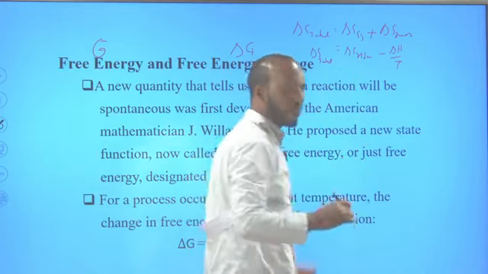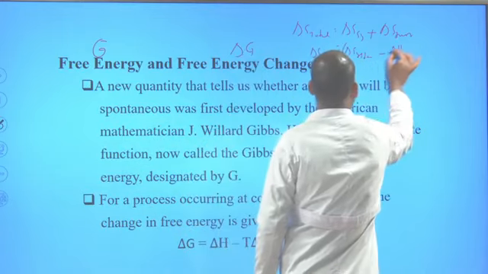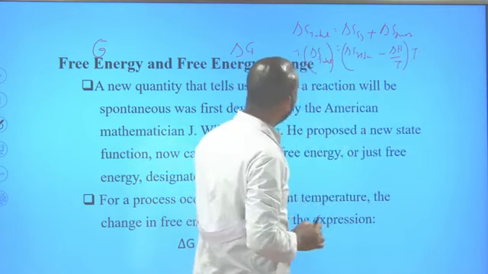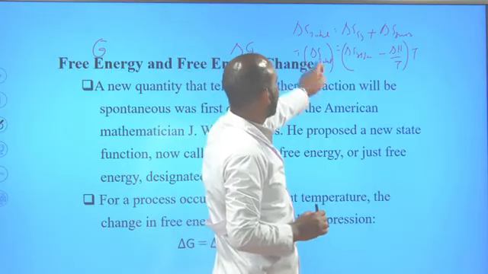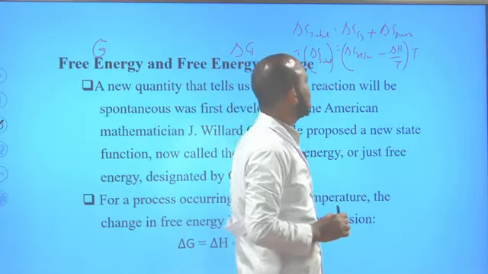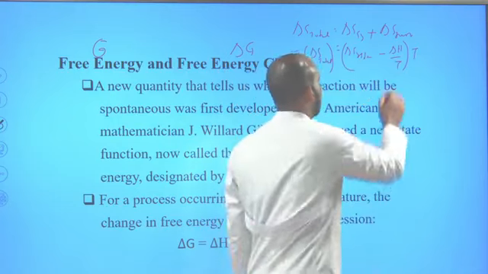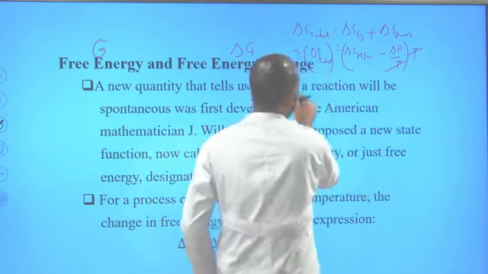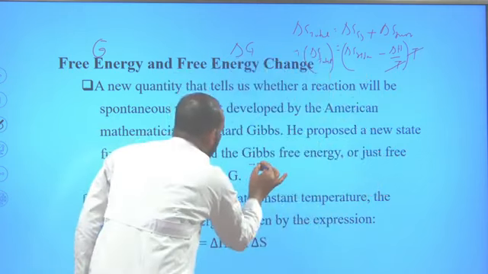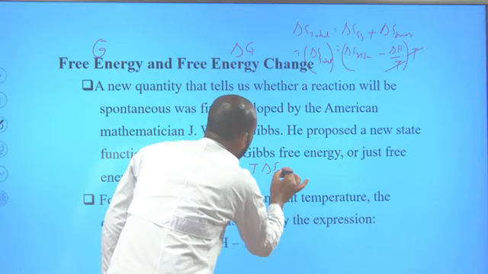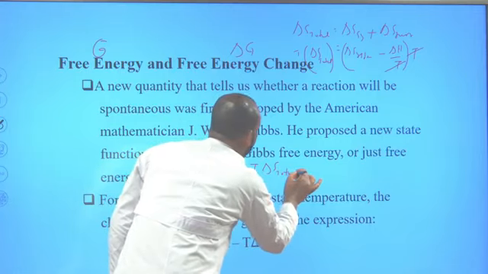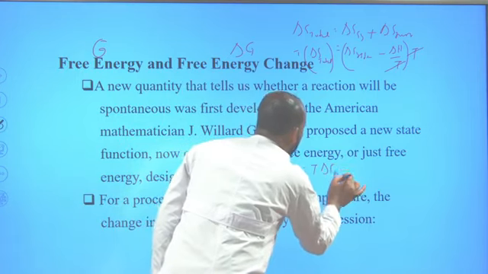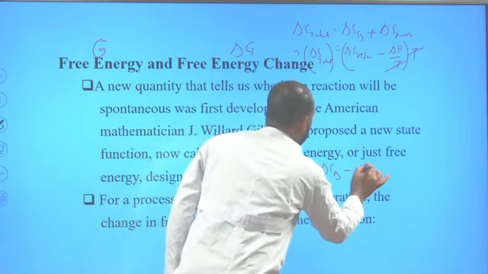If you multiply both sides by temperature, now T times delta S total equals T times delta S of the system minus delta H. The temperature cancels in the denominator.